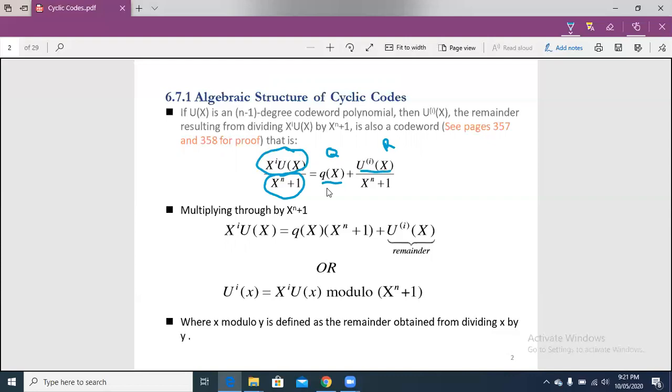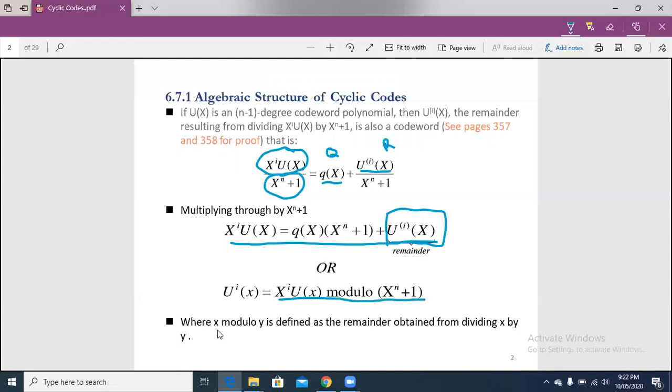So we can multiply both sides by xn plus 1 and get this form of the code word. Here this remainder is the code word. So we can say that xiu of x modulo xn plus 1 can be written in this form; the modulo operation will generate the remainder.